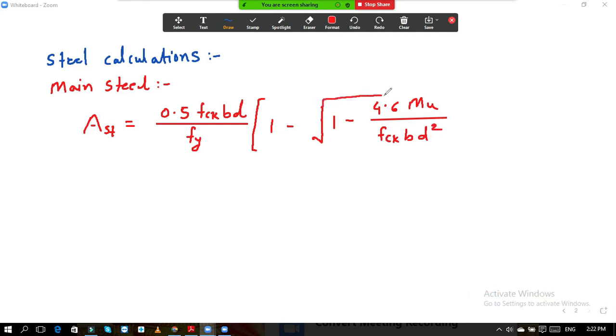So this is the formula. Now you put the values in this formula and let me know the value of AST.